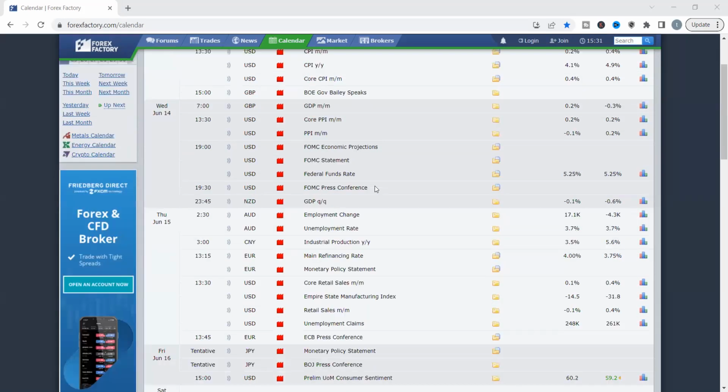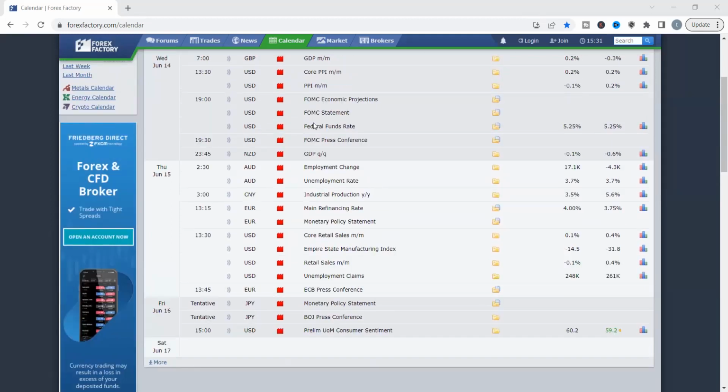So if you look at what we have in the calendar for the rest of the week, if we scroll down, you can see that was Wednesday. And then we have for Thursday and Friday. You can see also for Thursday, we have news coming out for the dollar. It seems practically we have news coming out for the dollar almost every day in this week. You need to be careful. As a trader, you need to be careful with any instrument, with any currency pair that has the USD inside, as there's going to be some volatility in the market.